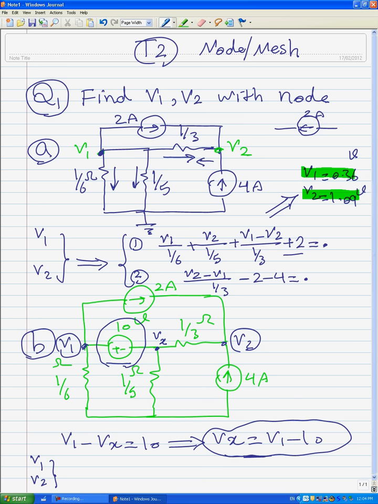That's why again we have two unknowns, and if we can find two equations, equation 1 and equation 2, after simplifying we can find V1 and V2. Again, for part B, because we have a voltage source here, we should consider supernode. Equation 1 and equation 2 are obtained by applying node scheme in node 1 and node 2.